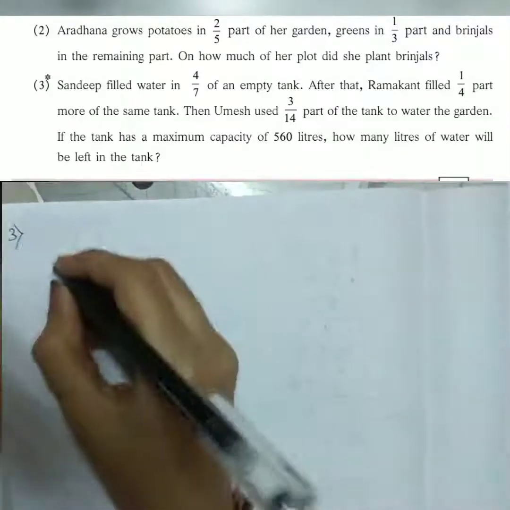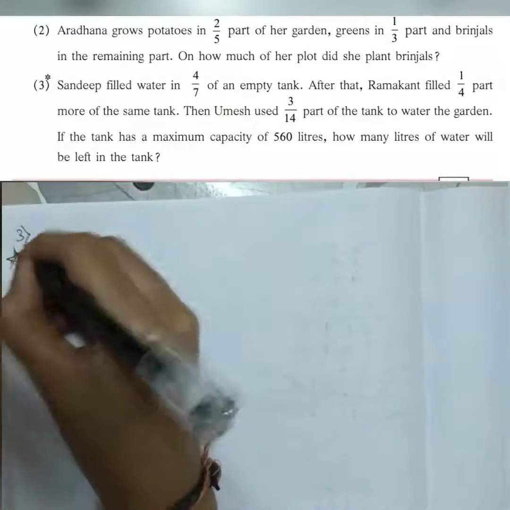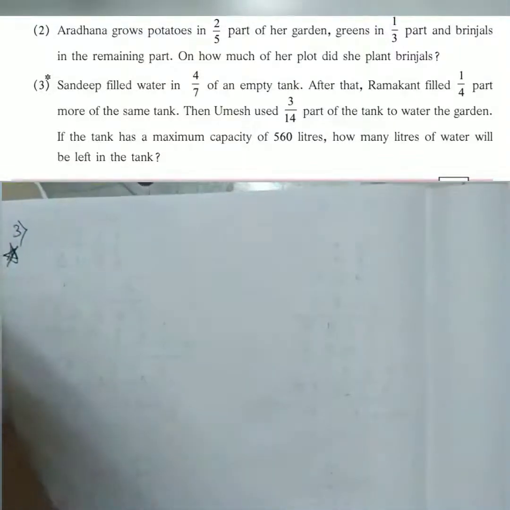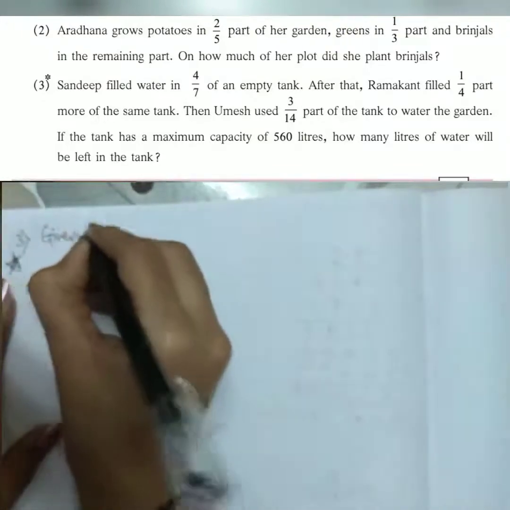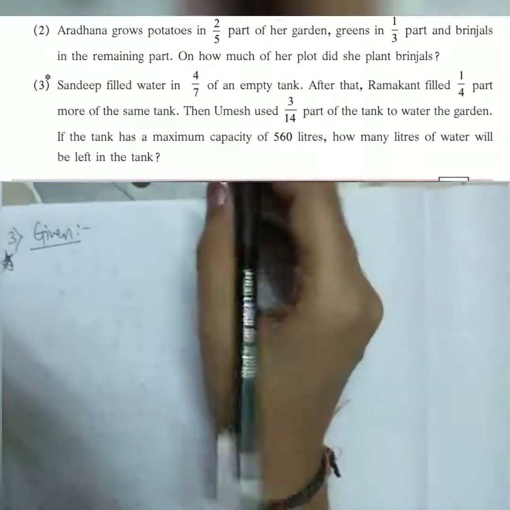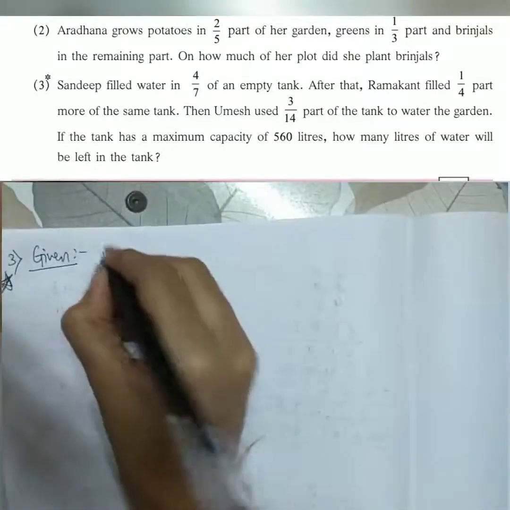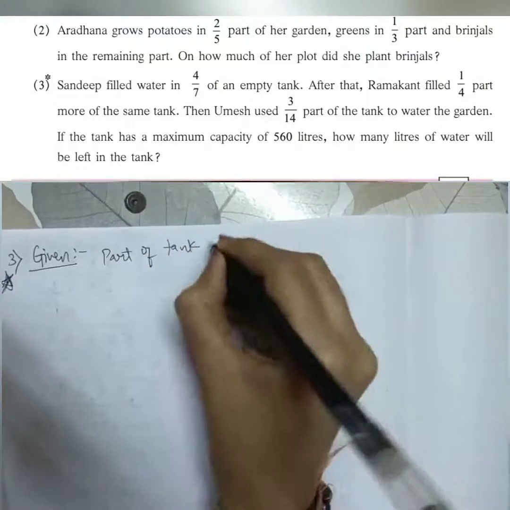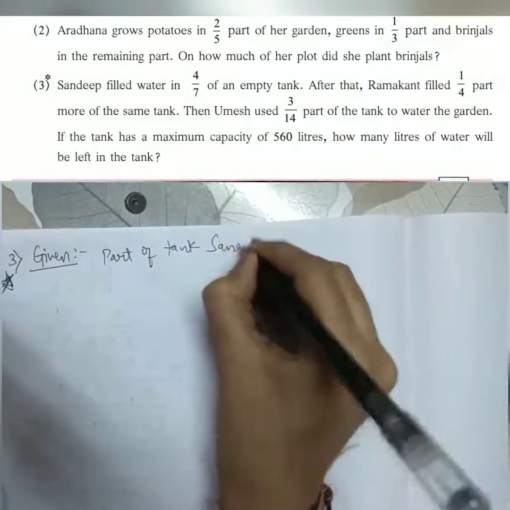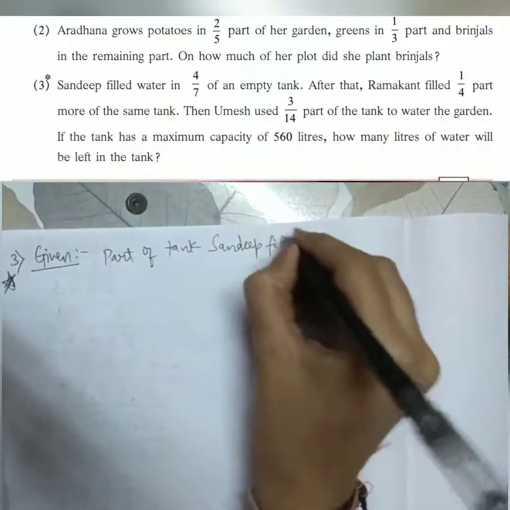Okay, third one, very important sum. Put a star mark to that sum. Let us write the given. In given we will write part of tank Sandeep filled.